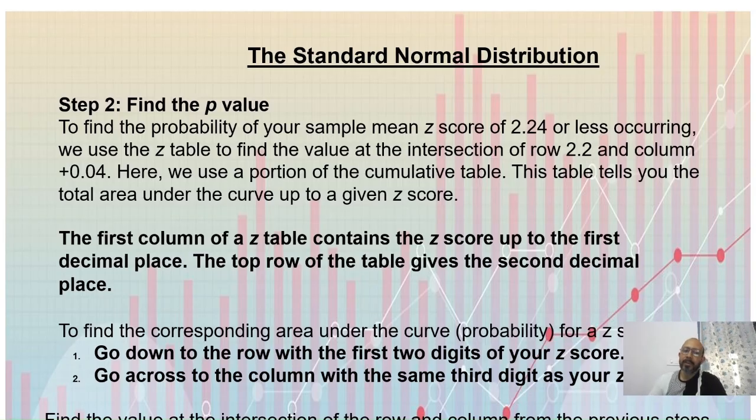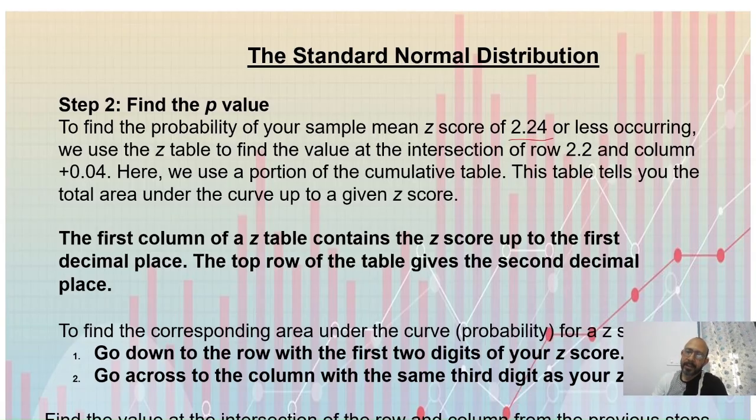The first column of a Z table contains the z-score up to the first decimal place, and the top row of the table gives the second decimal place. To find the corresponding area under the curve for a z-score, go down to the row with the first two digits of your z-score, then go across to the column with the same third digit as your z-score.